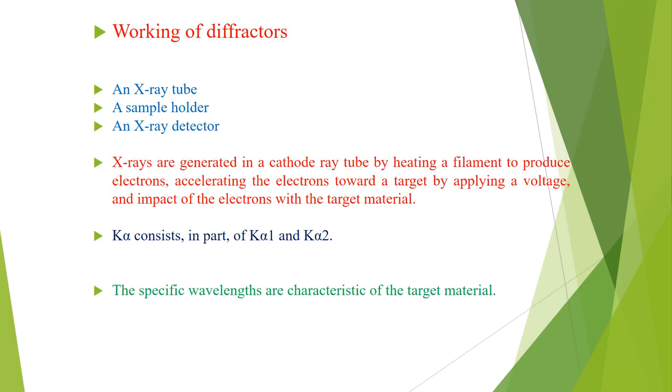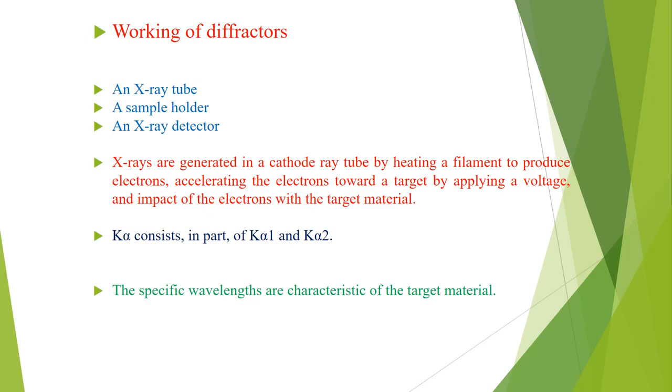When electrons with sufficient energy strike the inner shell of the target material, characteristic X-ray spectra are produced. These spectra consist of several components such as K alpha and K beta, and K alpha can be further divided into two parts, K alpha 1 and K alpha 2.